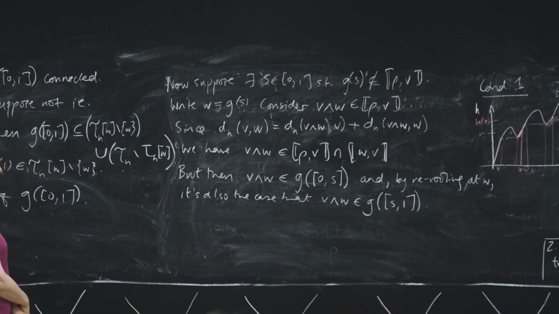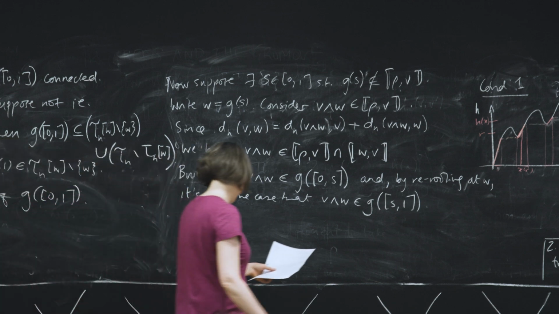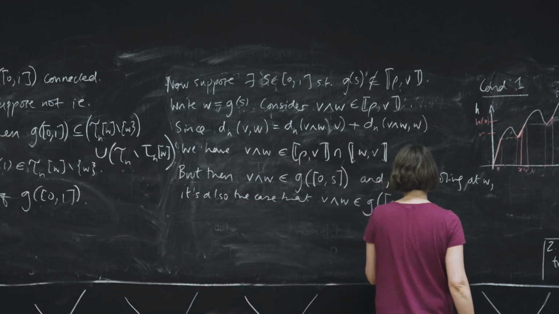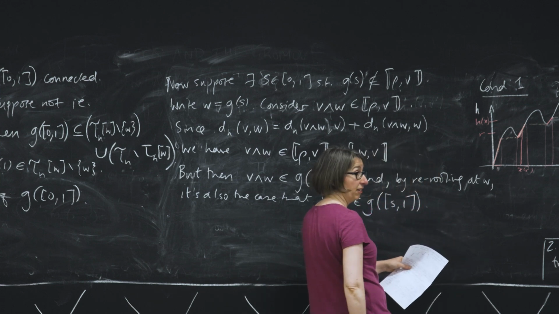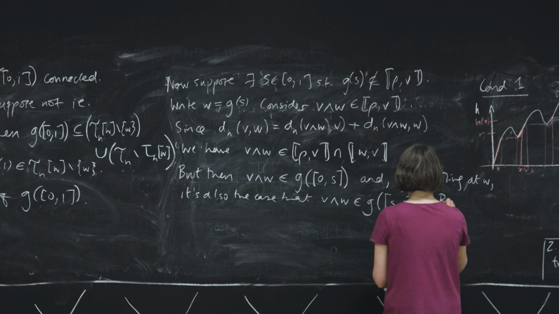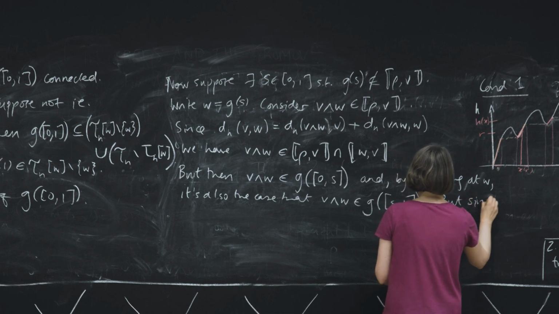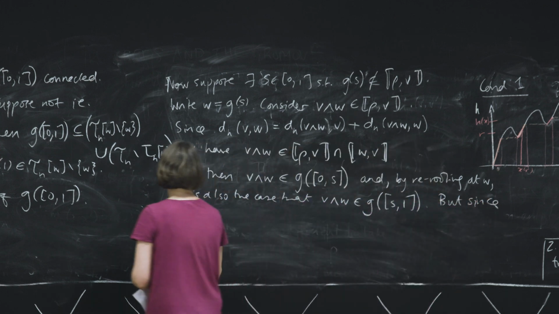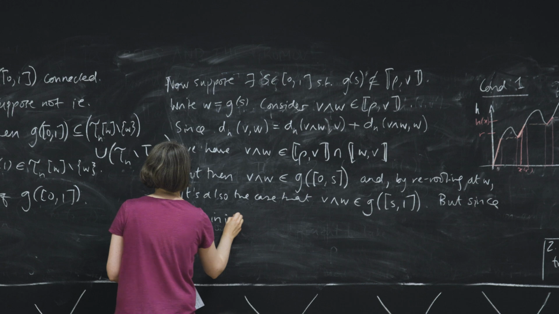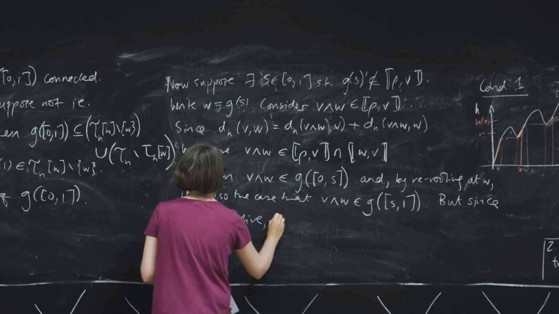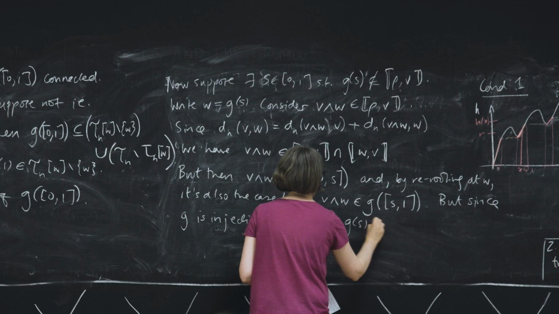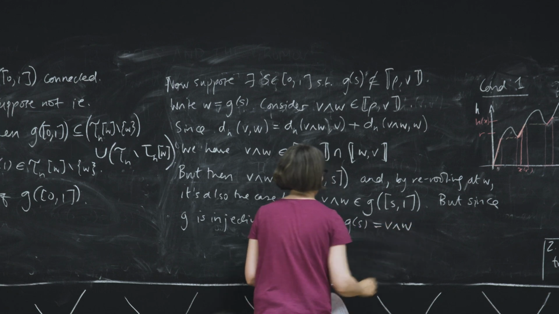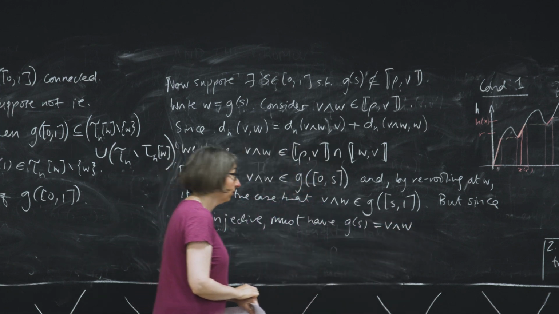But since G is injective, it must be the case that G of S is equal to the most recent common ancestor of V and W. Okay, so I don't visit anything more than once, right?